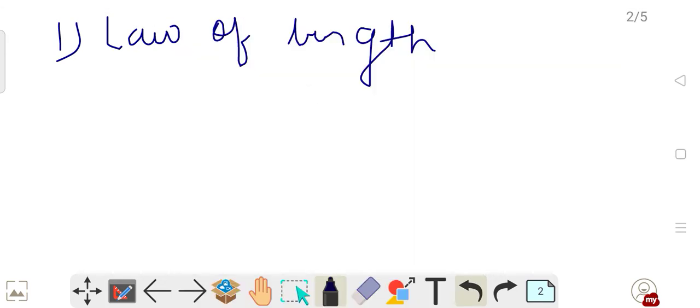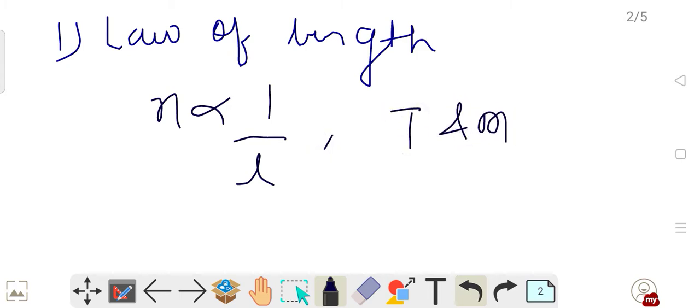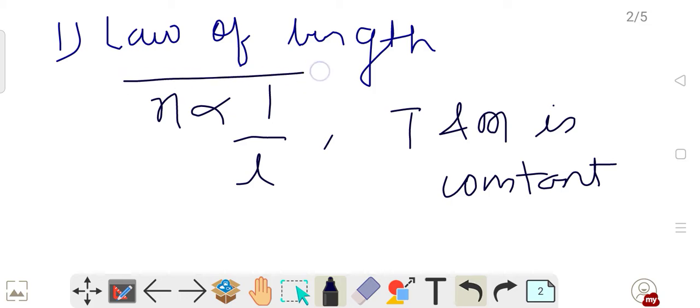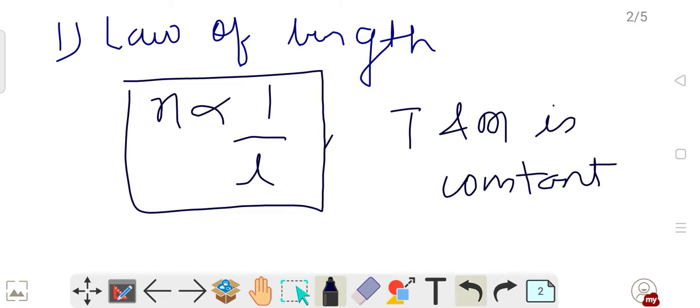The law of length says that the fundamental frequency n of a vibrating string is inversely proportional to the length of the vibrating string. So n is inversely proportional to L, and in this condition tension and m, mass per unit length, are constant. This is the first law, as simple as that. Fundamental frequency is inversely proportional to the length of a string.